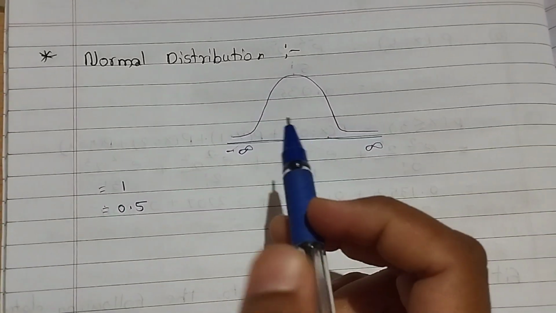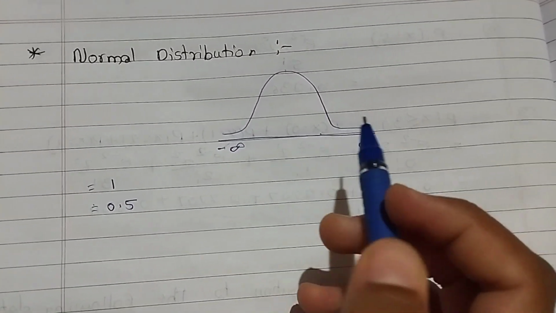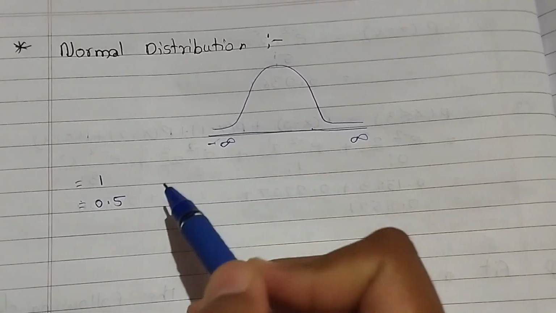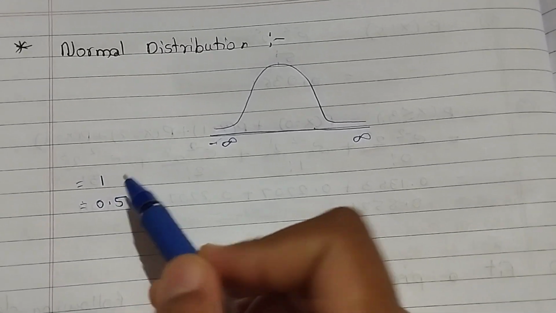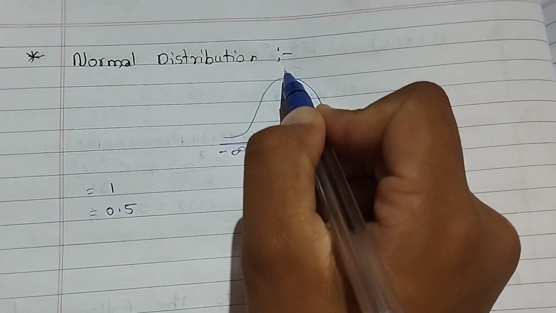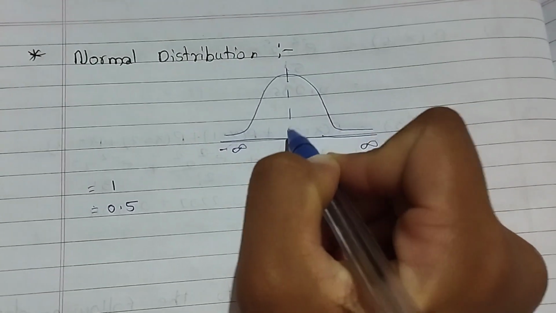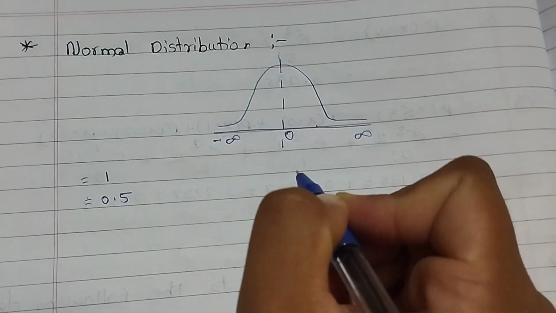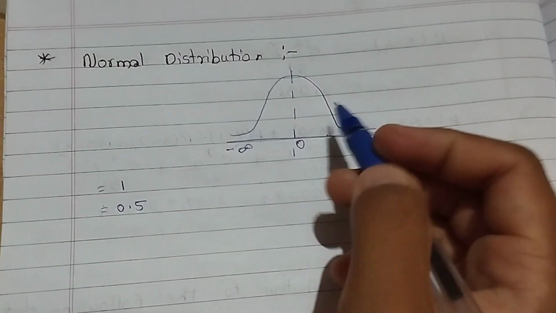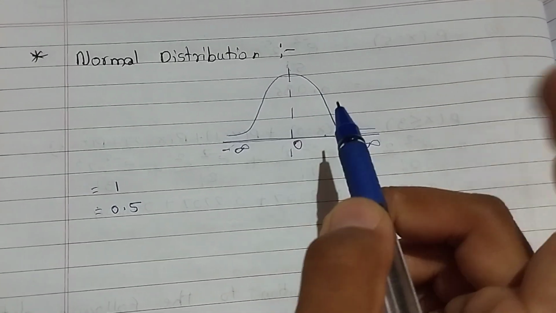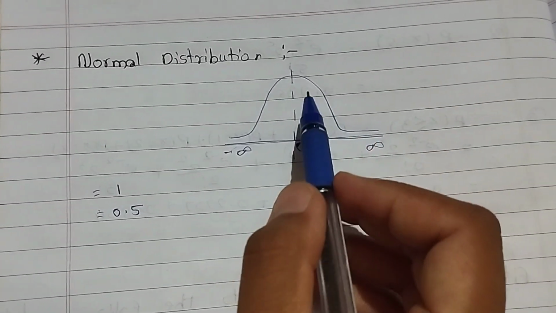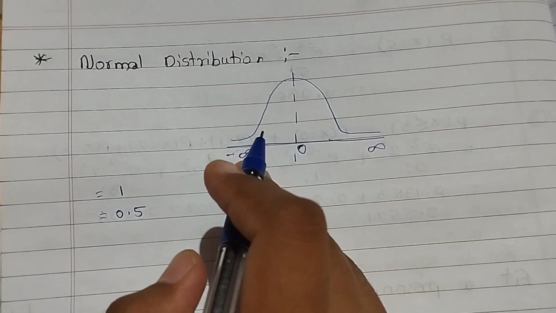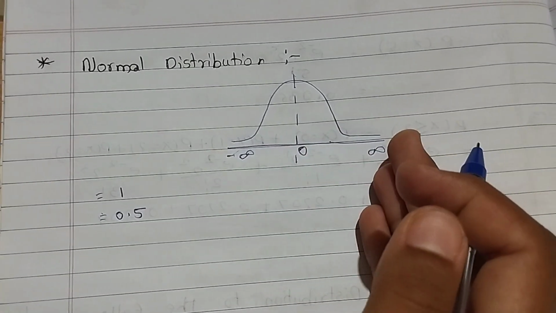Now the total area under the standard normal curve is equal to 1. Let's suppose this is the midline of the curve and the value starts from 0. So the total area under the curve is equal to 1, and this is the half part of the bell and this is the other half part of the bell.